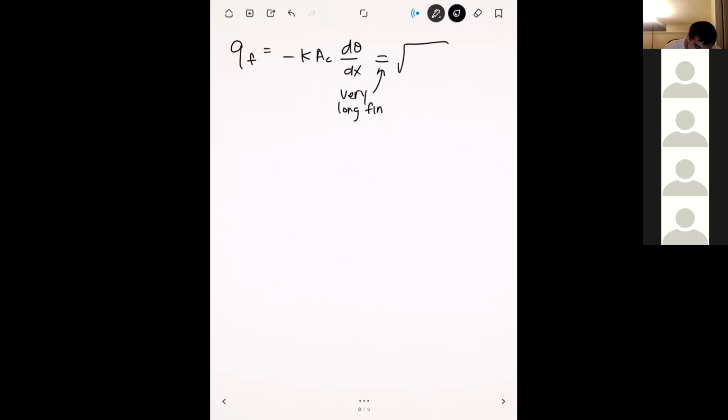And so this is simply going to be the square root of H times P times K AC, times theta B. And so we can just simply plug in numbers for all of those, and what we get is 5.6 watts.